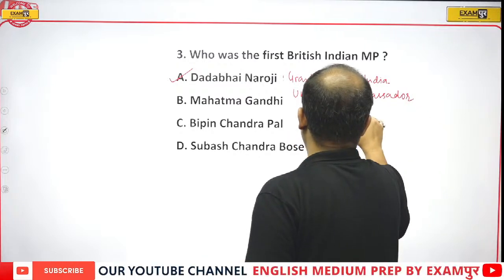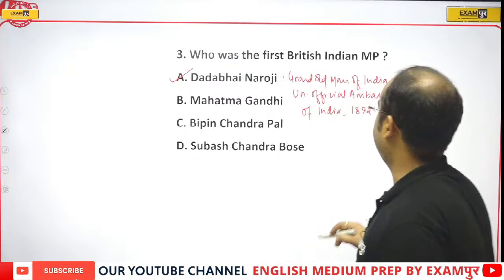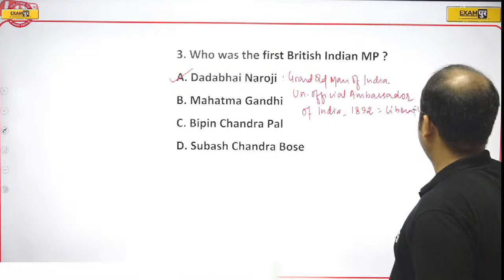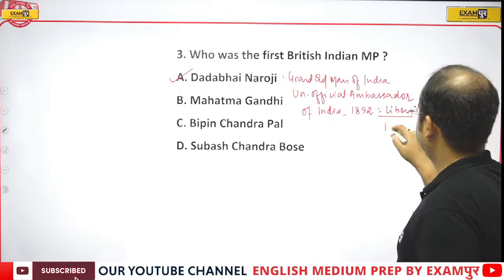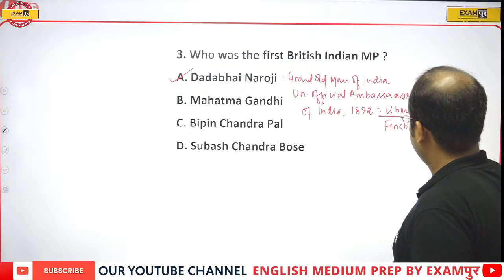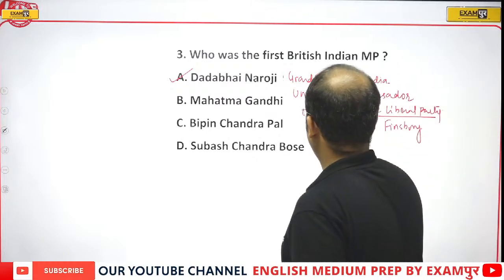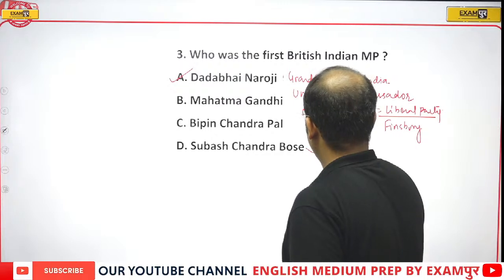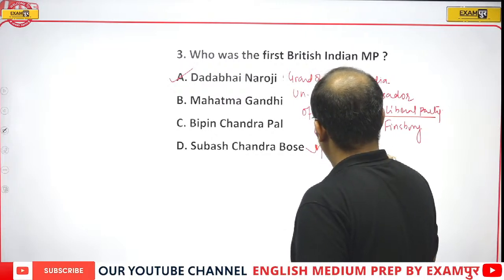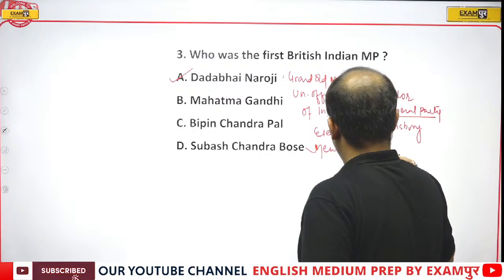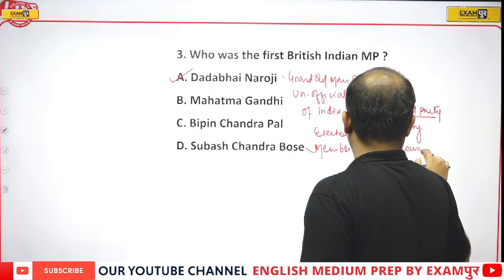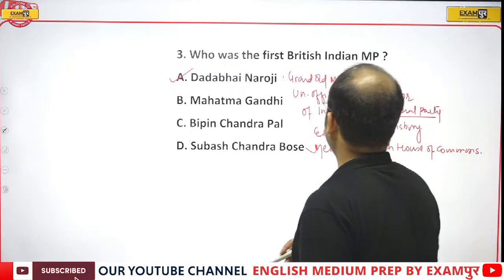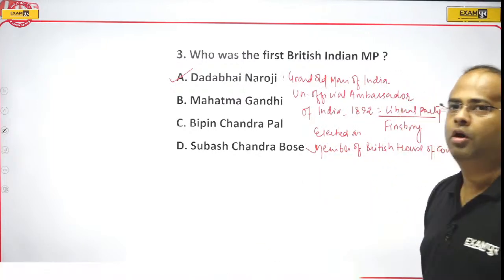And in 1892, from the Liberal Party, from Finsbury, he was elected as a member of the British House of Commons.